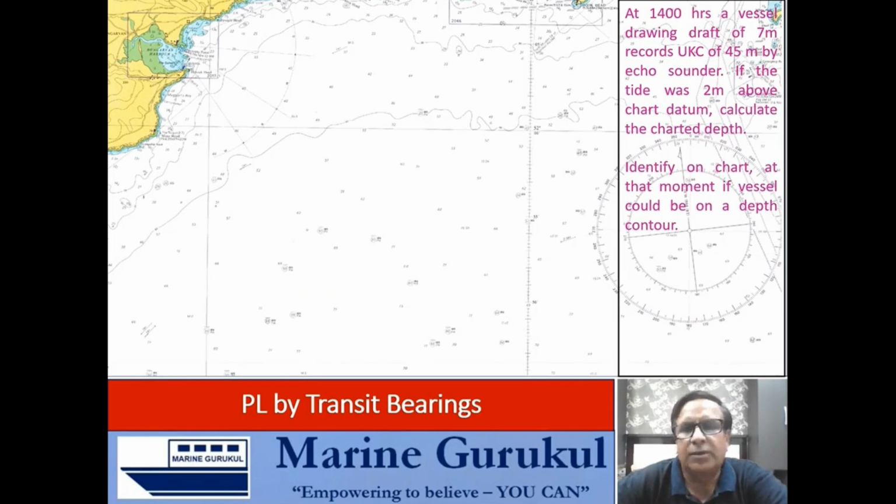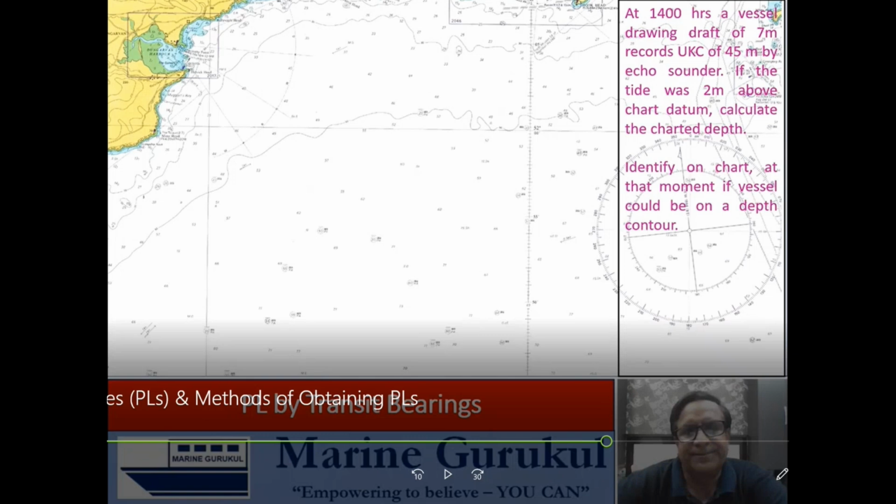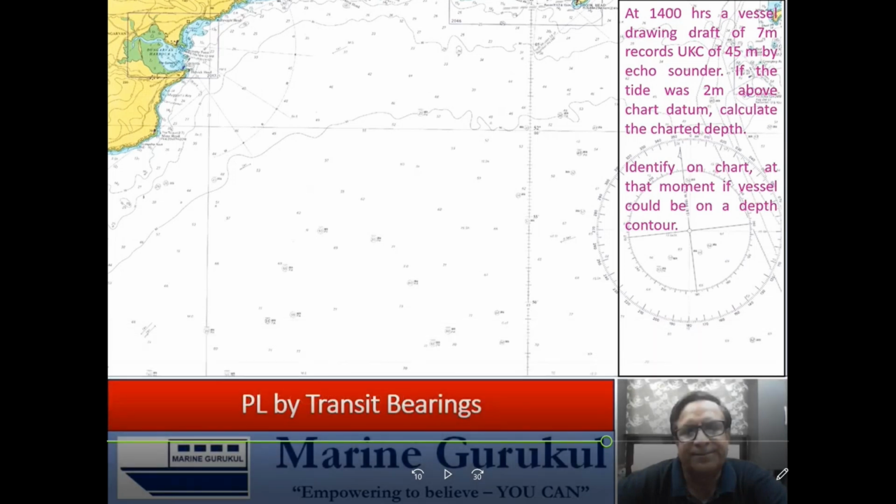If the tide was 2 meters above the chart datum, calculate the charted depth at that particular time. Identify on the chart at that moment if the vessel could be on a depth contour. So beta, this is the question which we have. Read it carefully and try if you can find out what will be the charted depth.